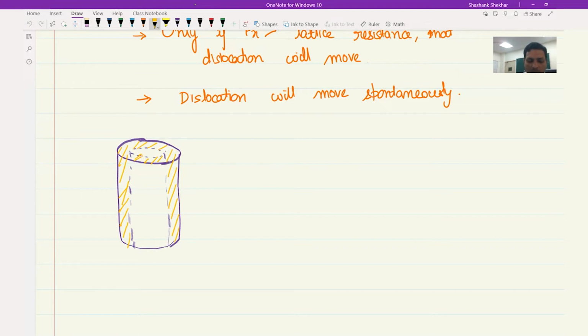And if you happen to have a whisker which is just 2 times this thickness, now if I make a whisker which is in diameter equal to 2T, then it implies that it is almost free of dislocations.